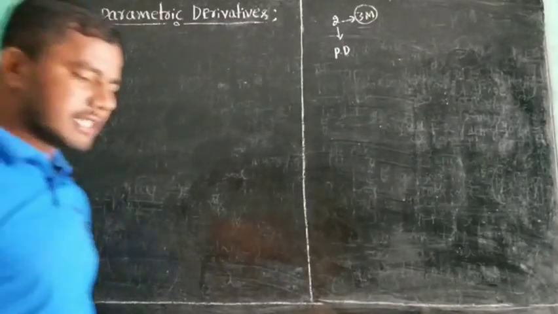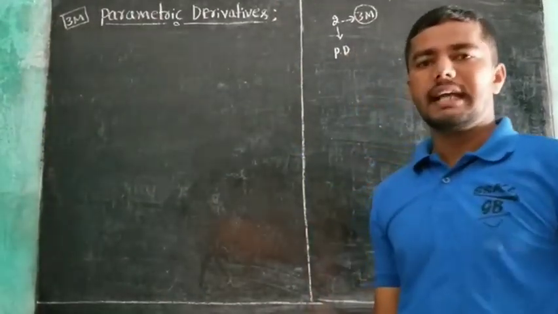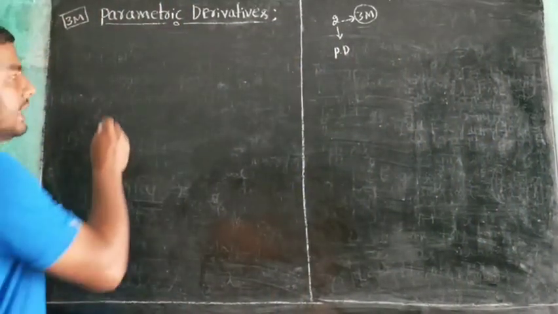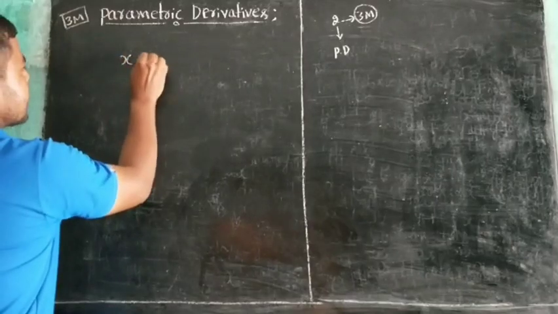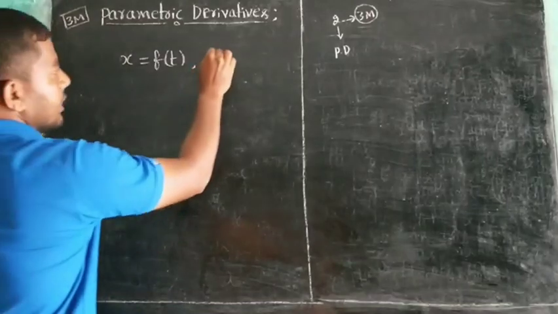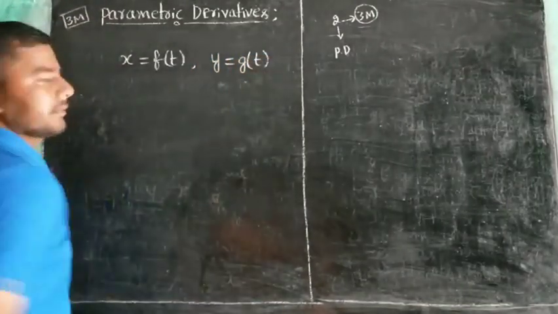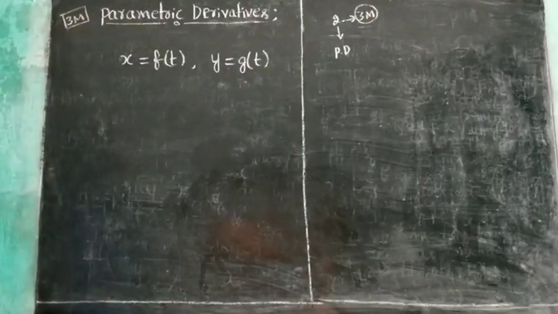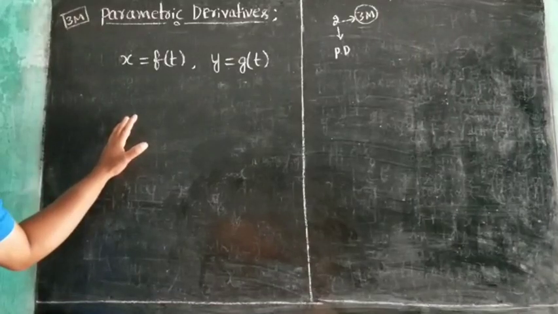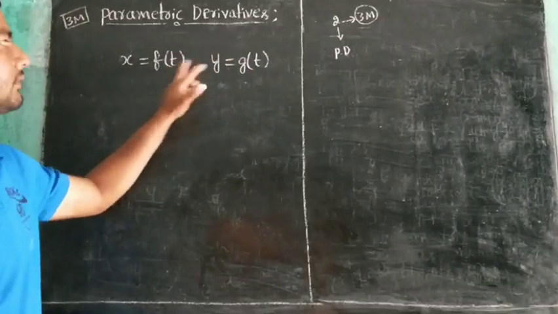Okay, let us discuss what parametric derivatives are. Let us consider the equations x is equal to f of t and y is equal to g of t. These equations are known as parametric equations with the parameter t.